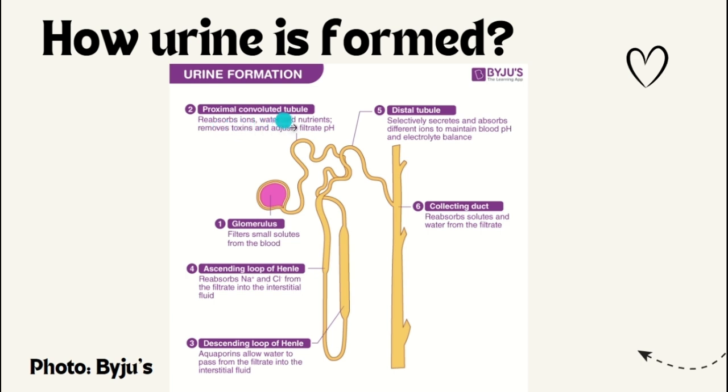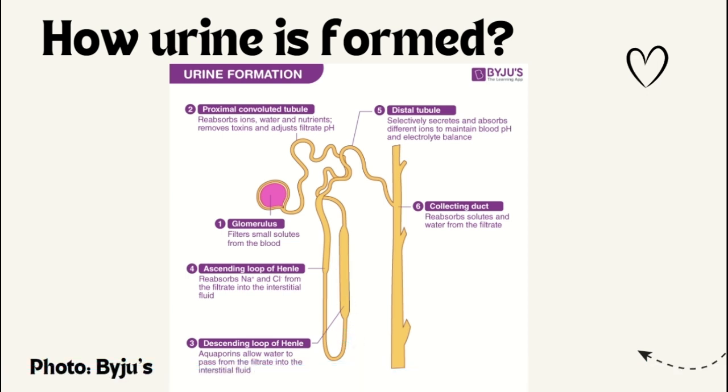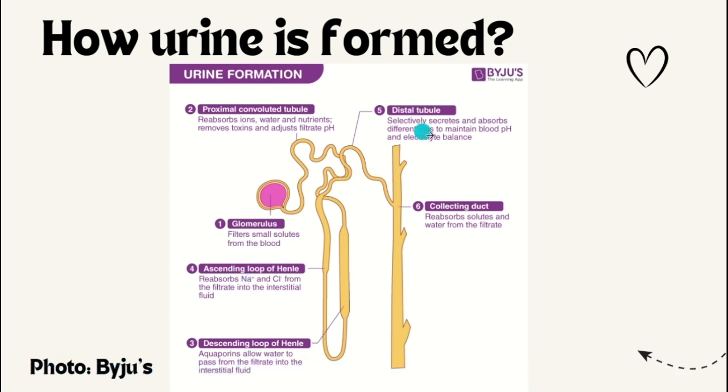So it starts with the glomerulus, then the proximal convoluted tubule, and then the descending loop of Henle, descending as in going down, then the ascending loop of Henle, and then the distal tubule, and then the collecting duct. So basically, this is more of a memorization thing. You just need to memorize what happens in each part, right?